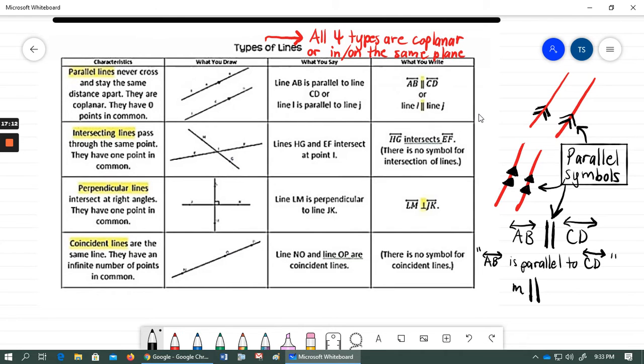That's what I'm trying to tell you. Especially if they're showing you a diagram that goes along with it, they probably won't write the word line in front of it. It'll just say M is parallel to N. Y'all get what I'm saying? So those symbols, that's what that means, okay? And you will see that. So that's why I'm going over it, because it is important.